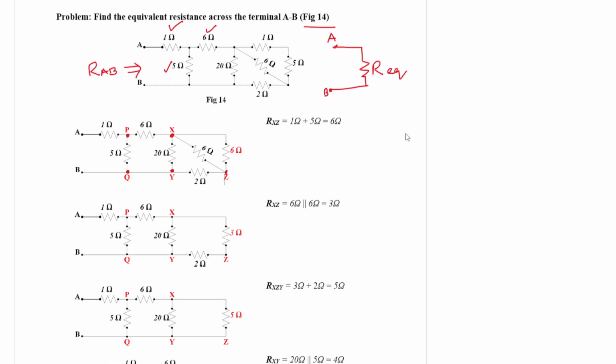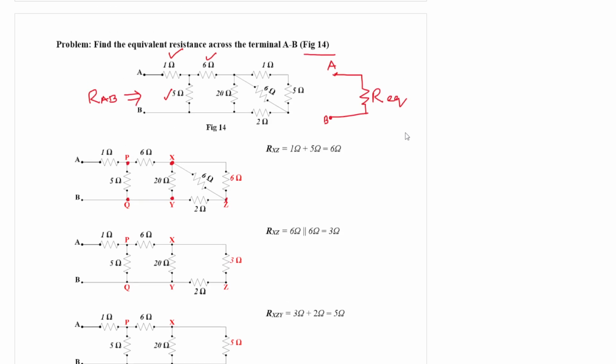We have named them. Now, the universal rule to evaluate the equivalent resistance of any network is that you must start from the far end. That means if you want to calculate the resistance at this terminal, you need to start from the far end, that means from here.